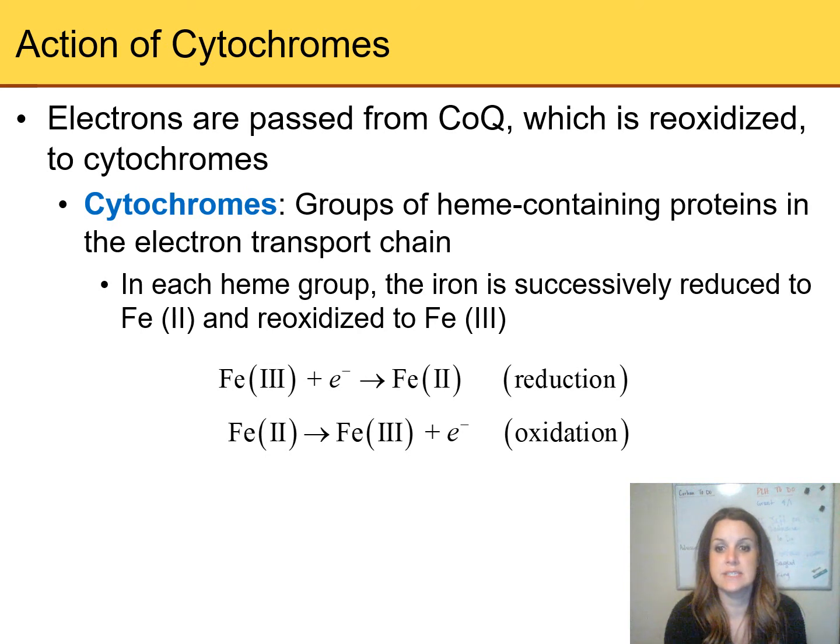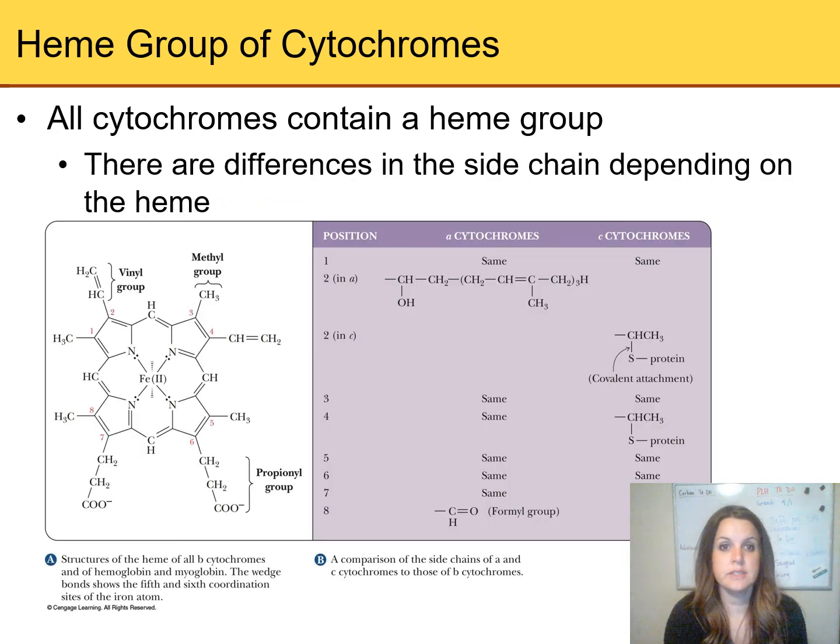So you might see C1, and that just means there are different types of cytochromes that are present in the electron transport chain. Like I said, all cytochromes contain a heme group, and there's a lot of differences in the side chain depending on the heme, but the big thing you need to know is that the heme groups are going to be in cytochromes, and iron is going to be an integral portion of those heme groups.